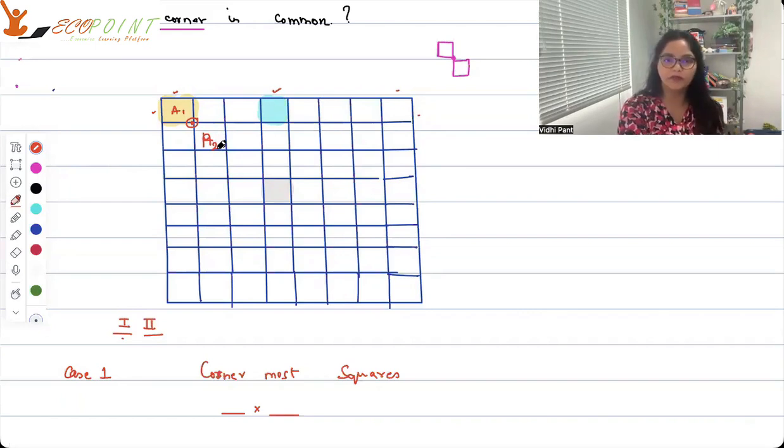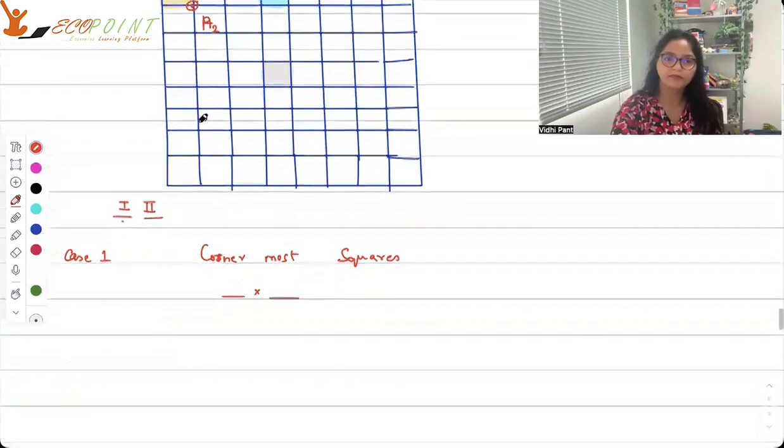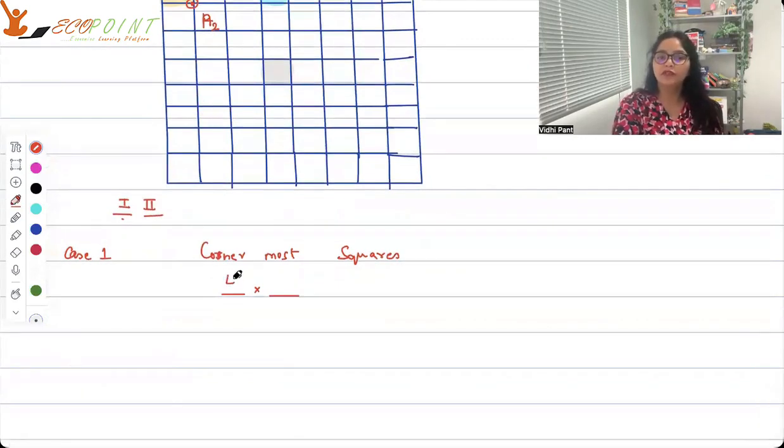If A1 is my first square, A2 is the only option, where exactly one corner is in common. There are four such corner squares, each with only one option. So there are four such cases.